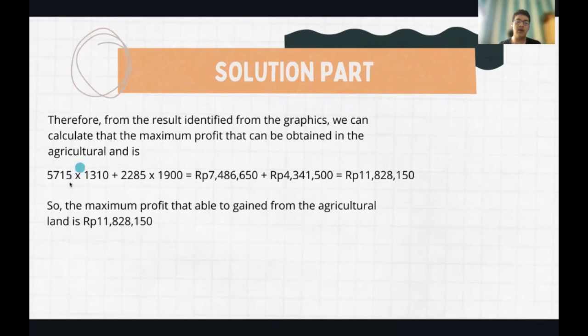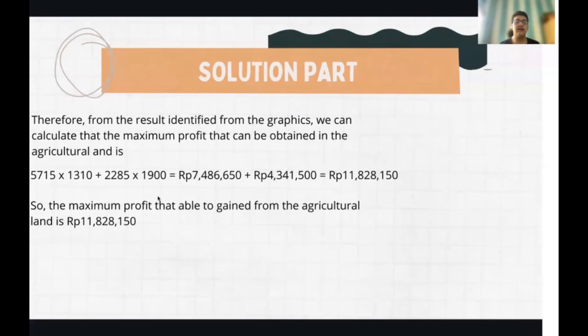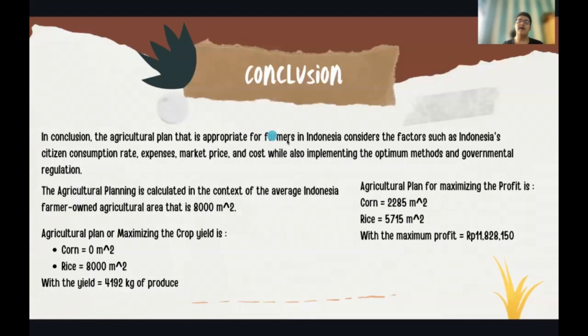This is the component x and this is the component y. After adding them, the maximum profit that can be gained from the agricultural land is 11,828,150 rupiah.